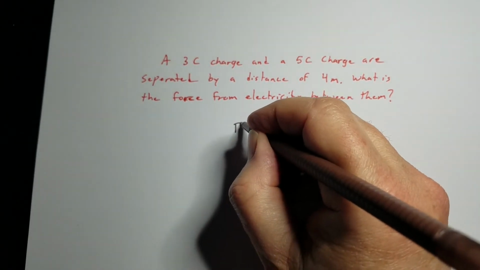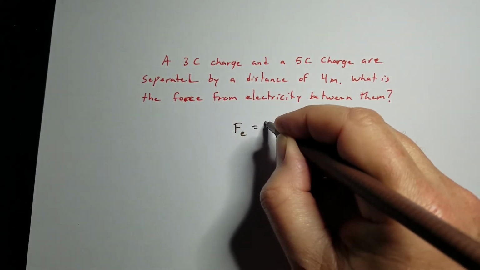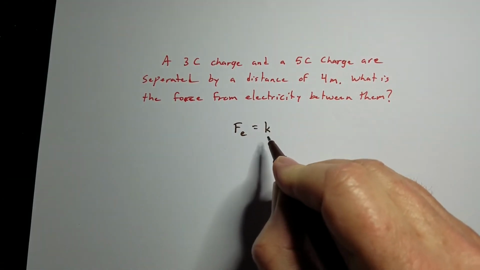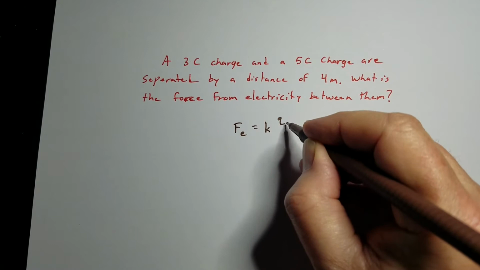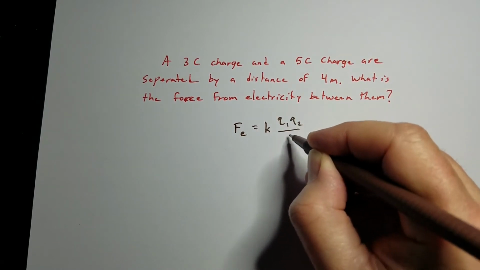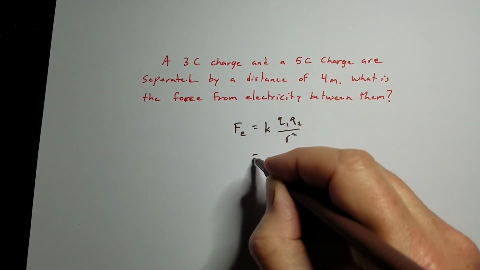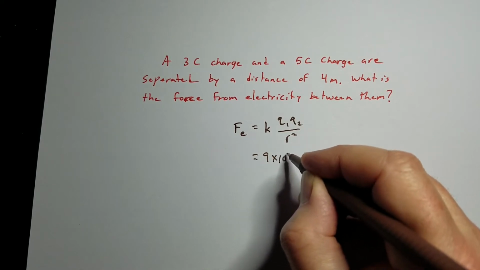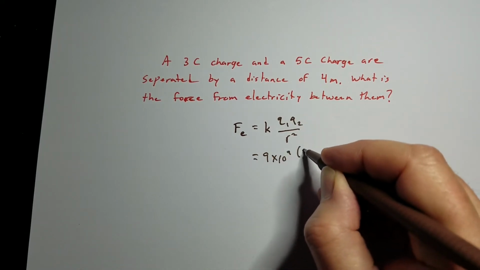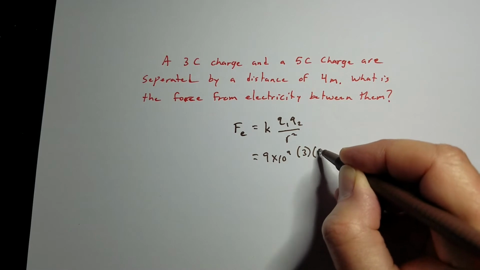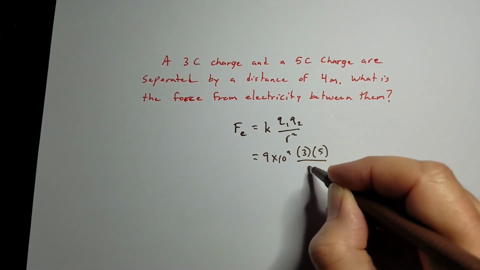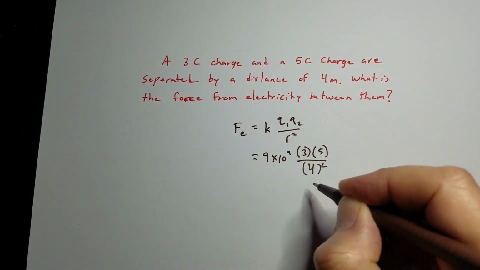But we've got force due to electricity is equal to that K. Don't forget that. A lot of people forget that value. Charge 1, charge 2 over the distance between them squared. So that's 9 times 10 to the 9th times 3 times 5 divided by 4 squared.